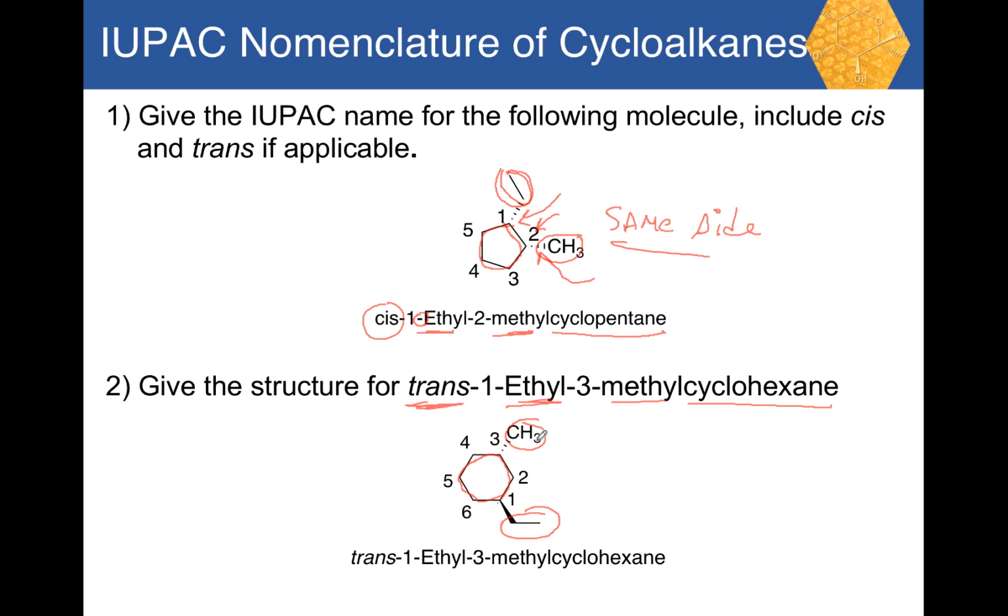And trans is an important aspect because we have here, this is a dash and this is a wedge, which means opposite sides. So therefore, that's our trans. So this would be the structure.